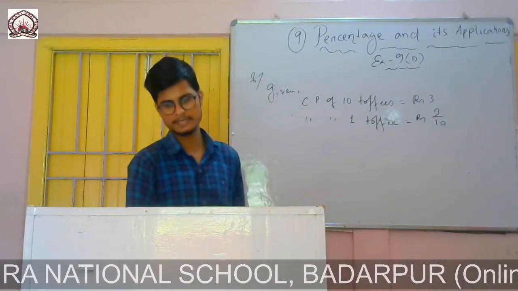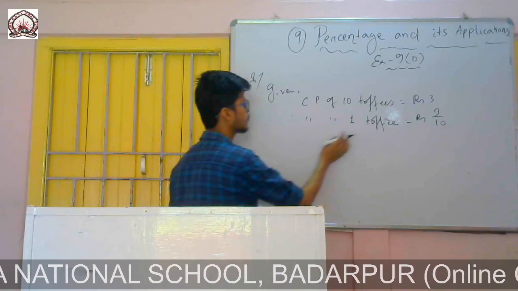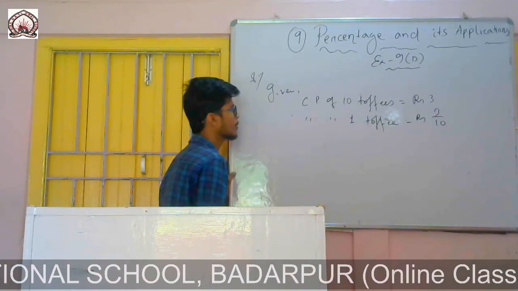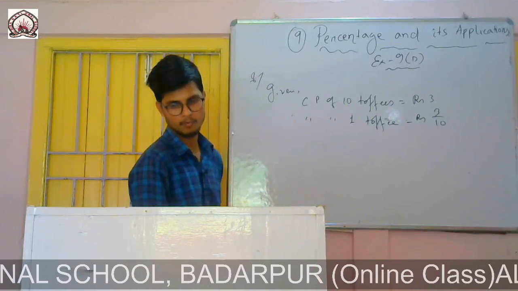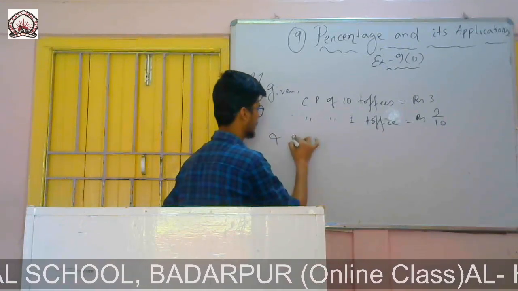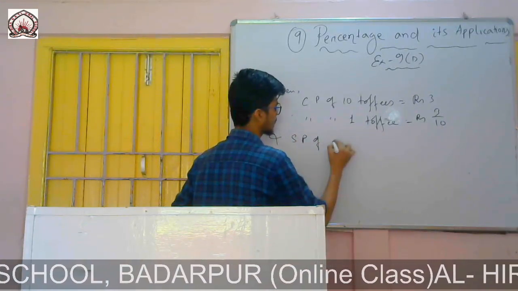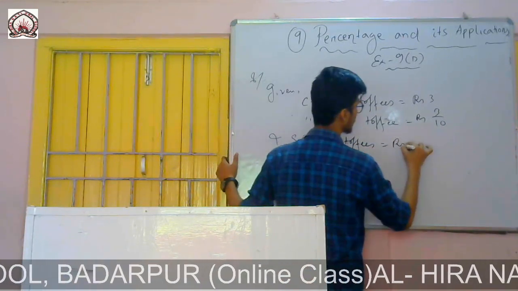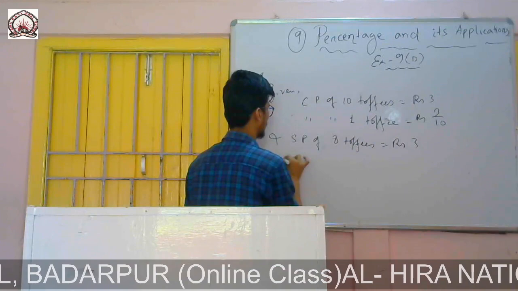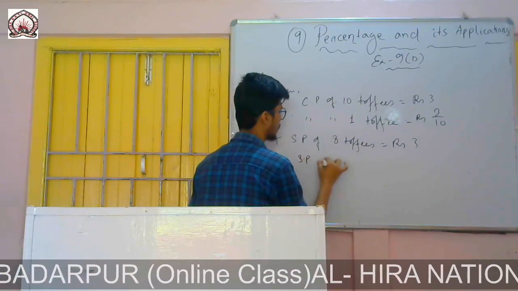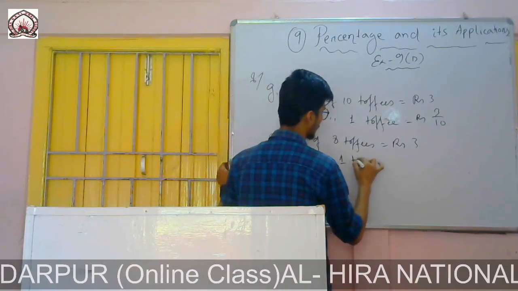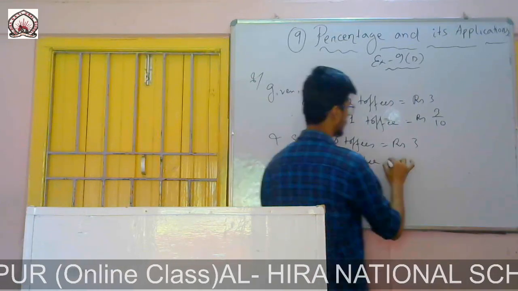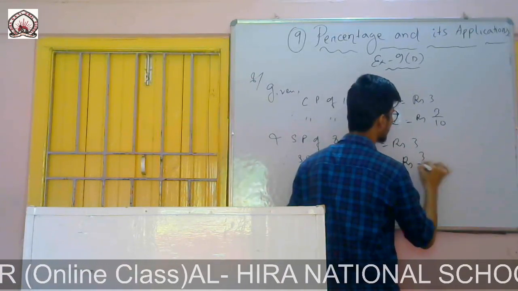Again it is given that SP of 8 toffees is rupees 3. In the same way we will find the selling price of 1 toffee. Therefore SP of 1 toffee is equal to rupees 3 by 8.